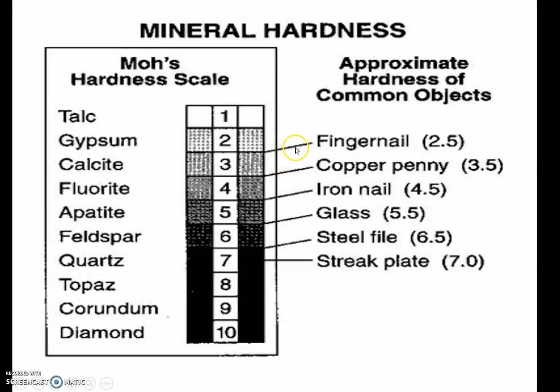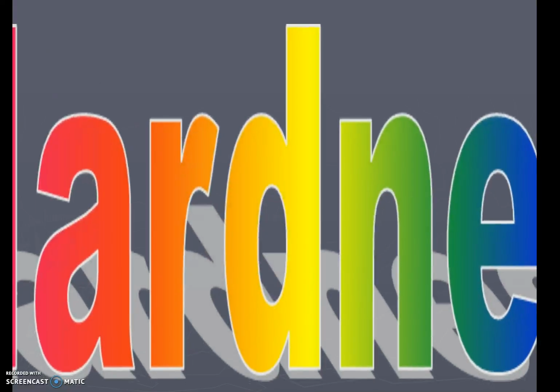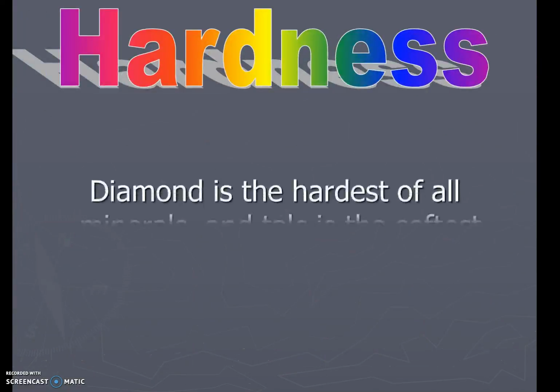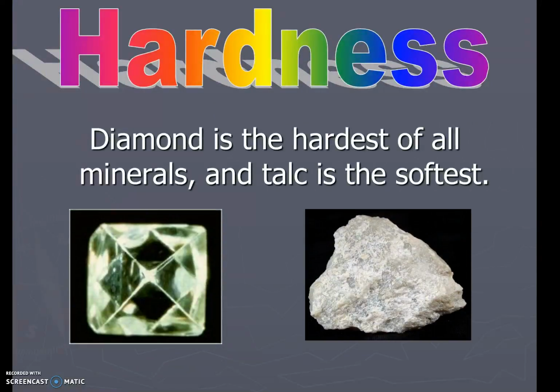You would not be able to scratch it with your fingernail, but you would be able to scratch it with a copper penny. That's because calcite is harder than your fingernail, but not as hard as a copper penny. Diamond is the hardest of all minerals, with a 10 on the hardness scale, if you noticed on the previous slide, while talc is one of the softest.